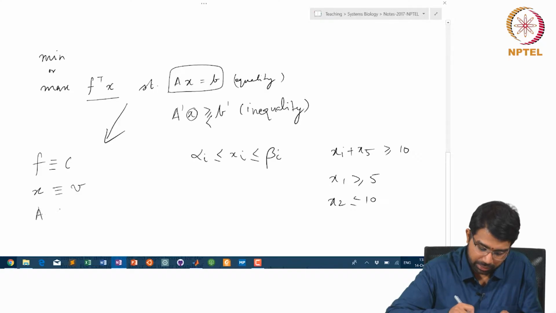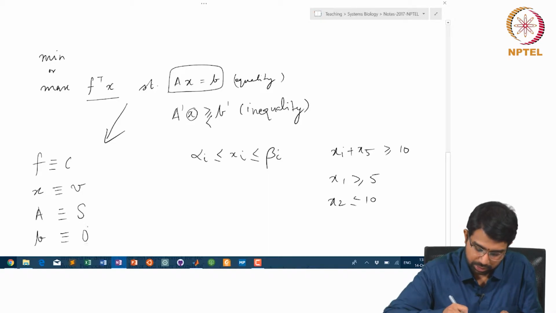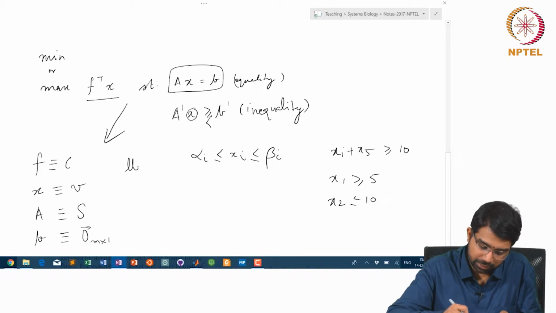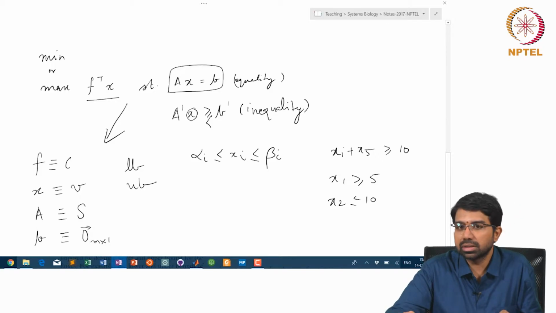What is A? The stoichiometric matrix. What is b? Zeros, an m cross 1 vector. And LB, UB. Is that clear? These are all our variables that we need to worry about.